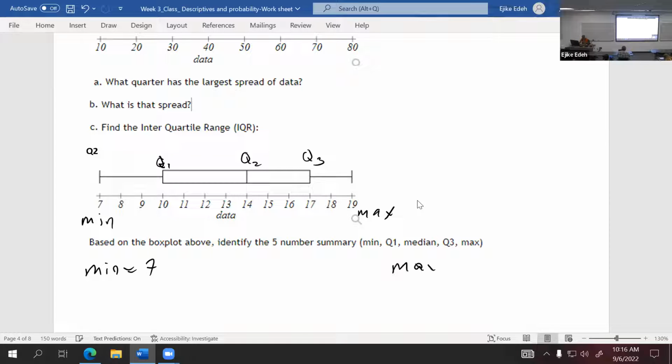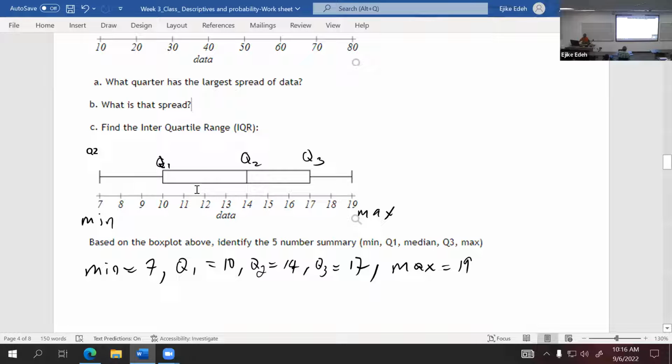The maximum will be 19. What will be Q1? 10, right? And what will be Q2? 14. 14, good. And Q3? 17. 17, okay. So this is just straightforward.